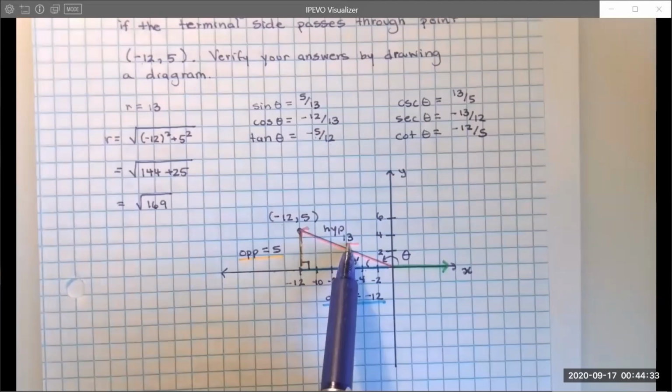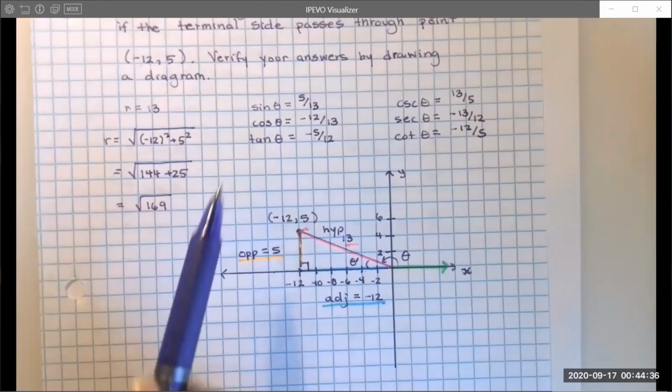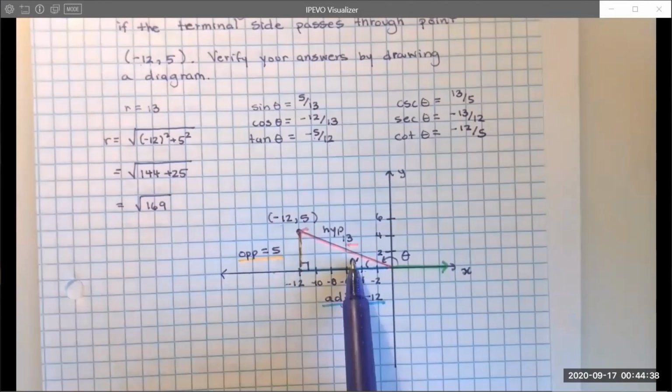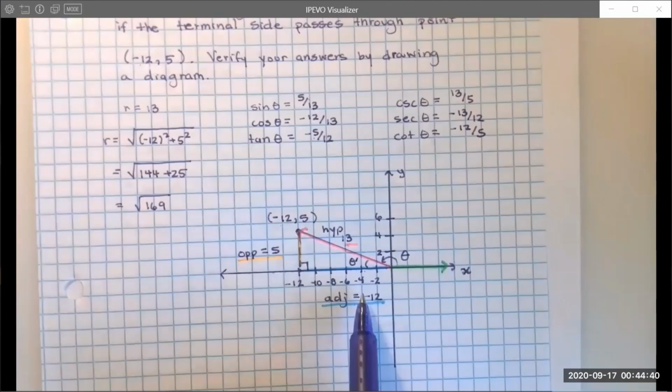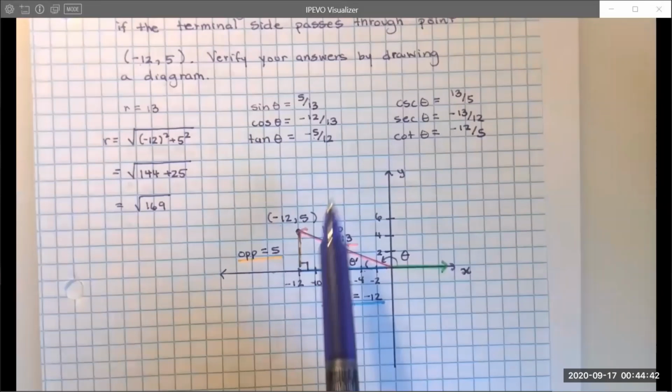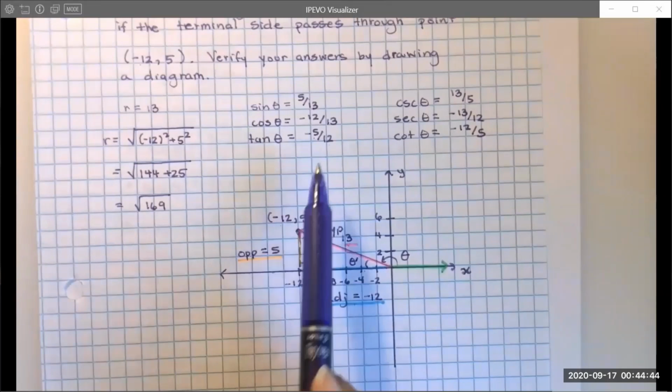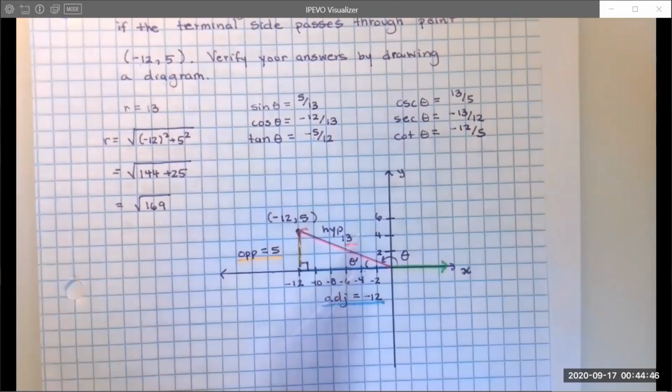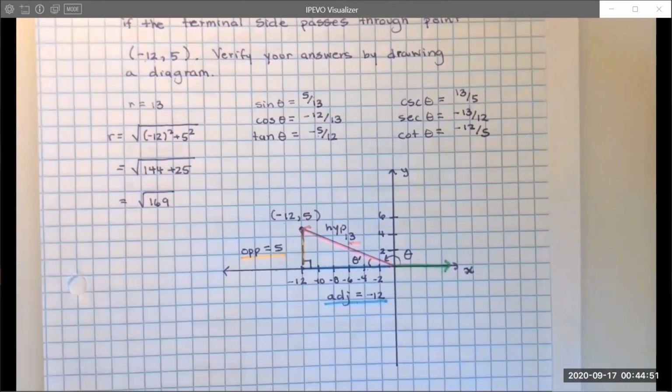And finally, for tangent, it would be opposite, which is 5, over adjacent, which is -12. So we do get -5/12. And then the rest would just be the same because we're flipping the same numbers. So it all agrees. We're good. Okay. You guys have any questions?